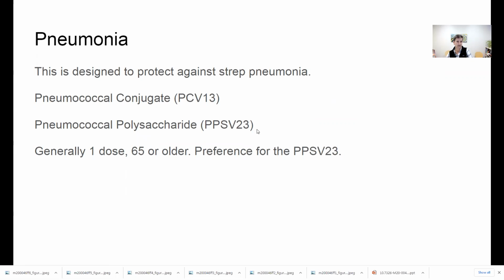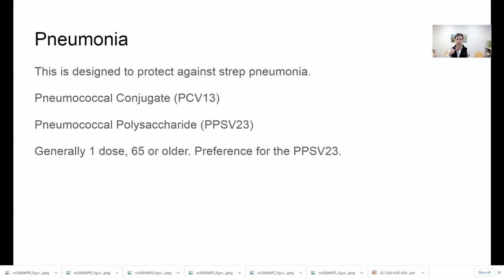Pneumonia vaccine. There's 2 of those. There's the pneumococcal conjugate, PCV13, and this we've used for quite some time. It's designed to protect against pneumonia. The newer one is the pneumococcal polysaccharide, PPSV23. It's really aimed against 23 different subtypes.